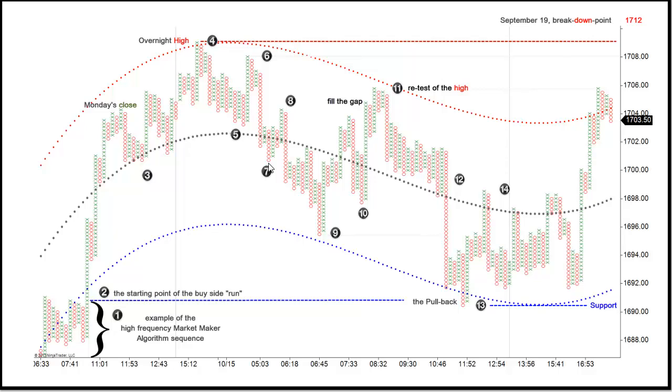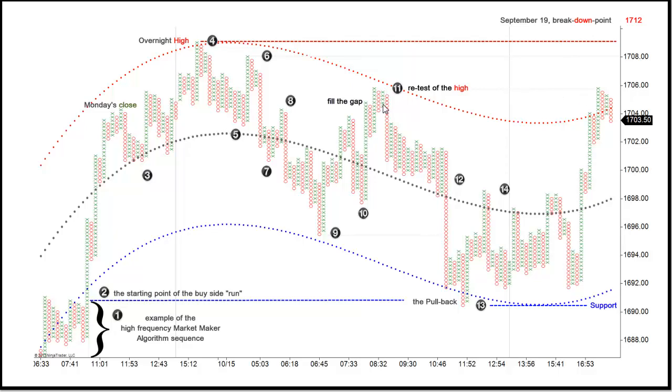At the open of Tuesday's session, selling pressure accompanied the retracement up to 1704, and the S&P sold down to 1695. During the pullback to 1695, the buying interest returned and the S&P auctioned back up to fill the gap at or near the overnight high at 1706.